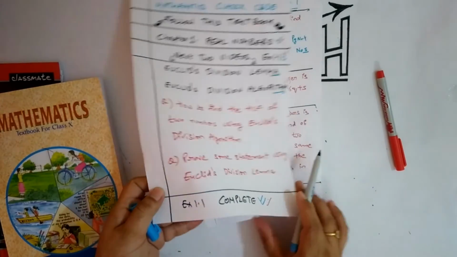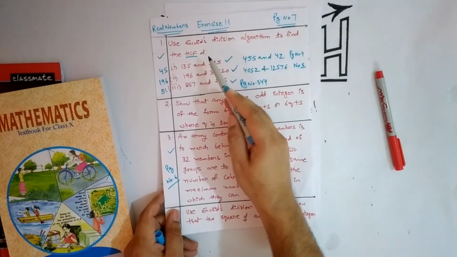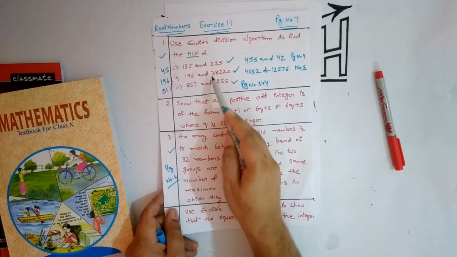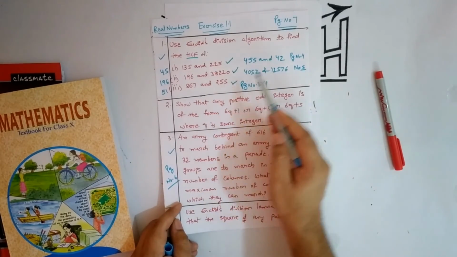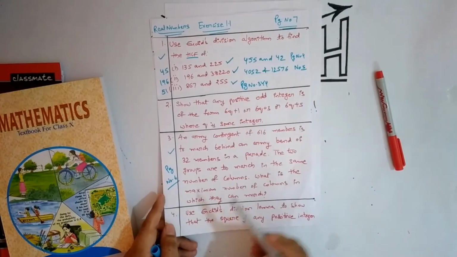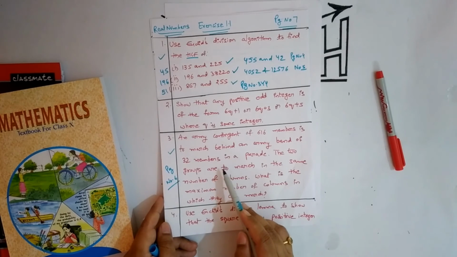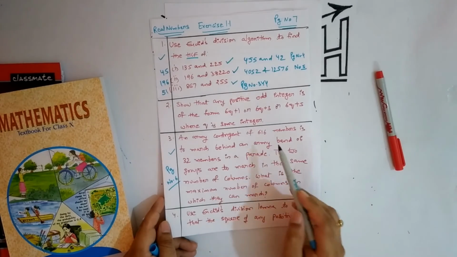Let's take a quick look at our exercise 1.1. In exercise 1.1, as I have said, the first category is to find the HCF of some numbers. These are the numericals given in the exercise, and there are some more numericals in the examples in these page numbers. And this is another type of question, which is nothing but finding the HCF of two numbers.